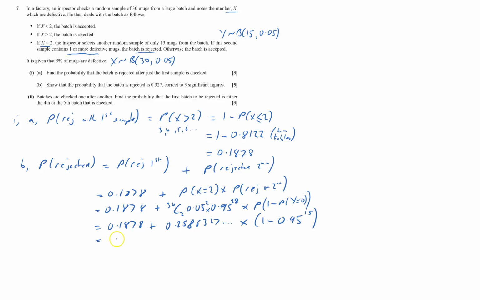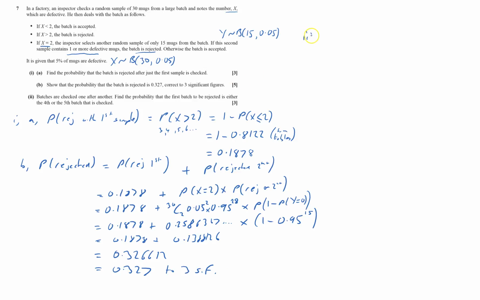That gives 0.1878 plus 0.1388126, which equals 0.326612, which equals 0.327 to 3 significant figures. That's part B done, 5 marks.